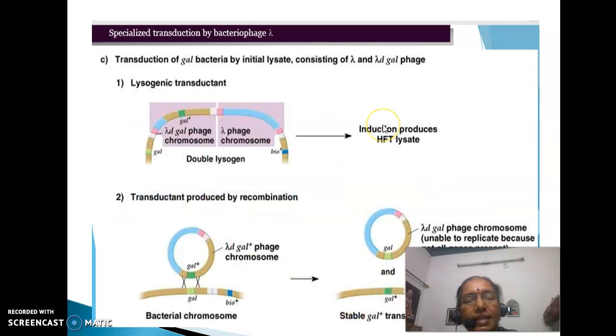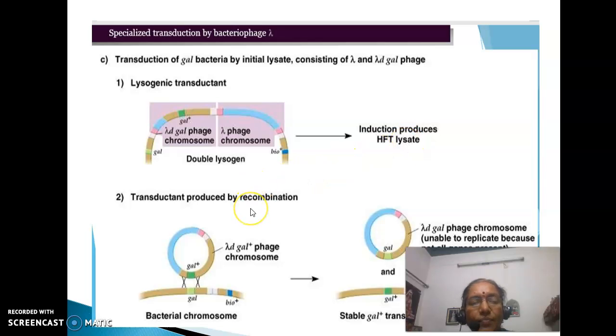In this diagram you can find there are two types of transductants. One is called a lysogenic transductant, where double lysogens are generated. So the phage DNA is incorporated two times into the bacterial chromosome. When such things happen, it goes with a high frequency of transduction. Such lysates I call high frequency of transduction lysates.